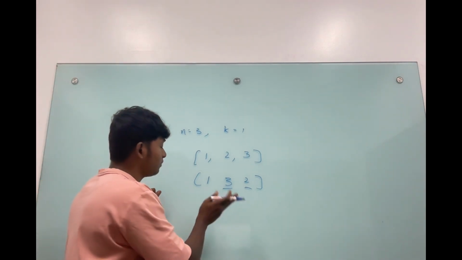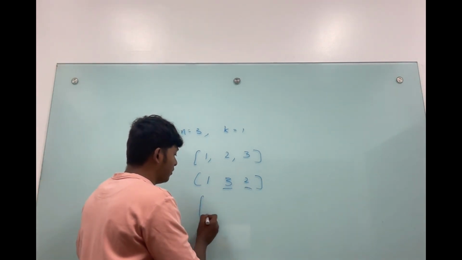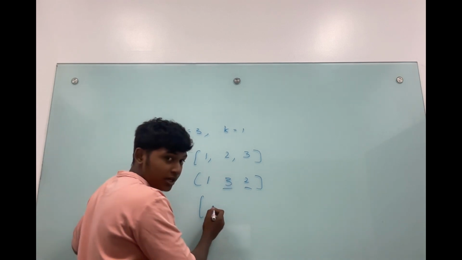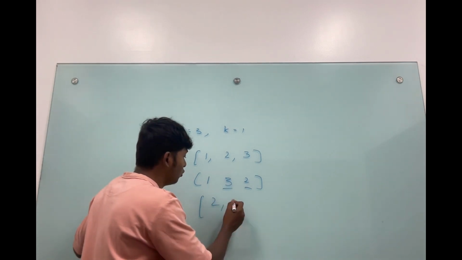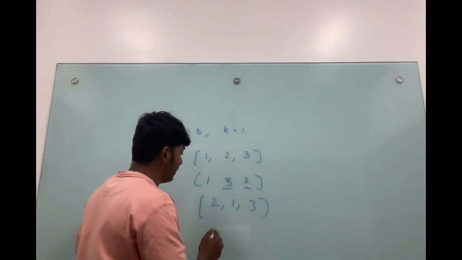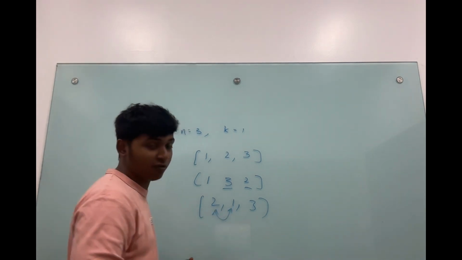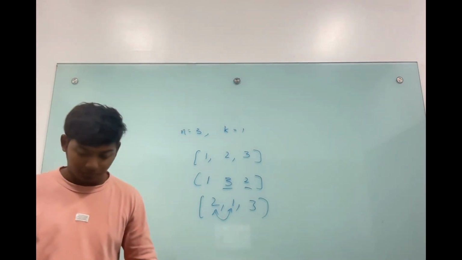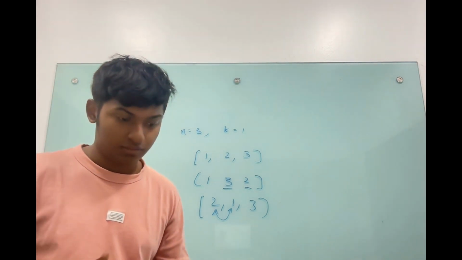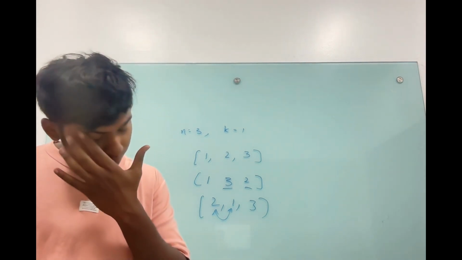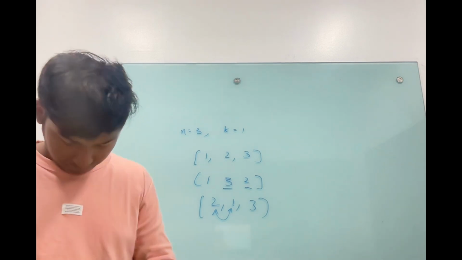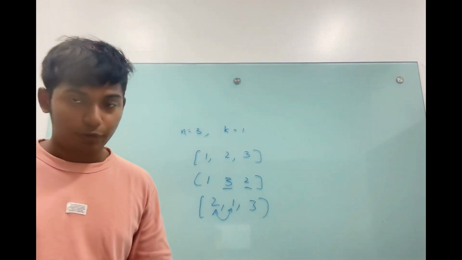Then we would have another permutation, which is 2 1 3. Even in this case, 2 and 1 form an inverse pair. So this is the question. How do we do this?